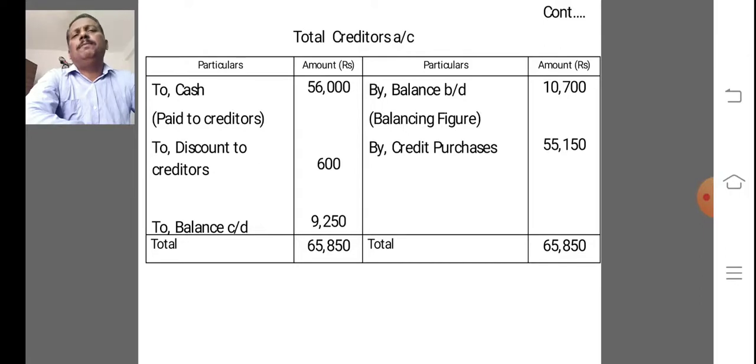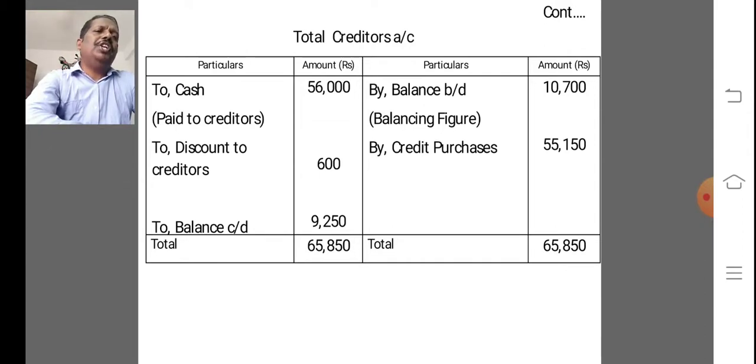So debit to cash account, that is cash paid to creditors 56,000. To discount to creditors 600. To balance carried down 9,250.